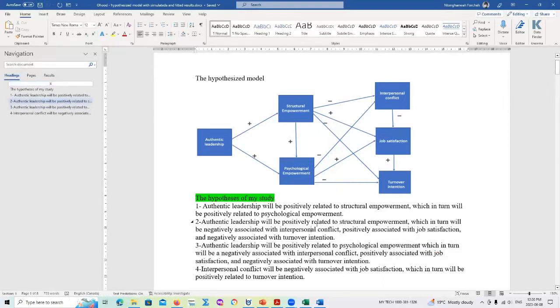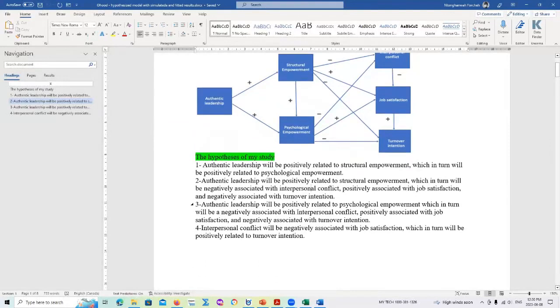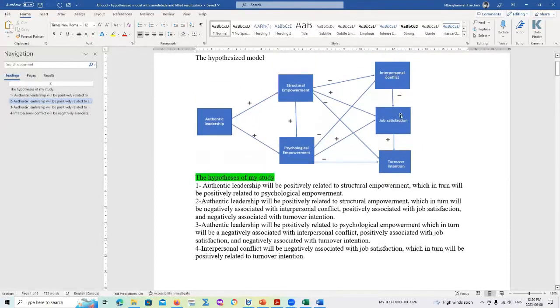In the CFA, I run a separate measurement model for each construct, because I have a very limited sample size, which is 215, so I cannot run the whole measurement model together, because the number of parameters would be very high. So I decided to run CFA for each construct separately.